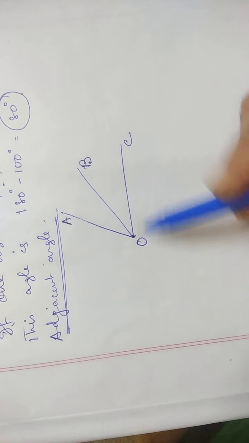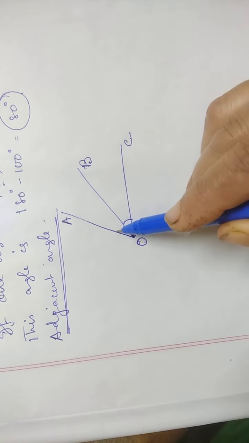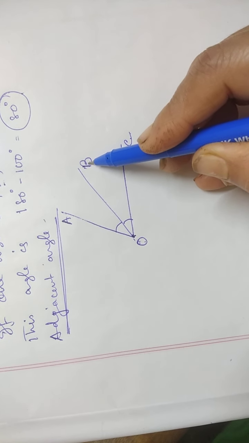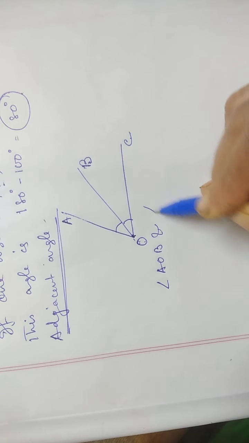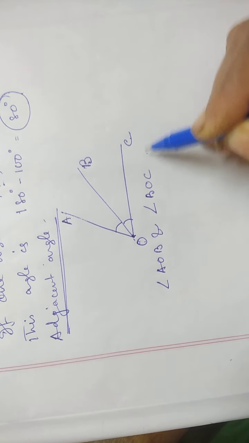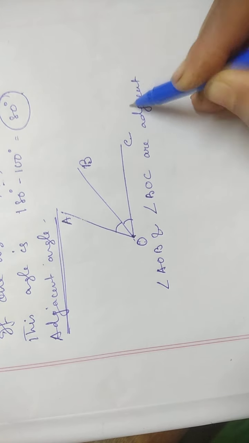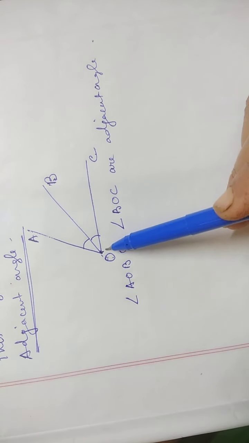Clear? Then one angle is BOC. Another angle is AOB. That means angle AOB and angle BOC are adjacent angles. Okay, so these angles are adjacent angles. Clear? That means what is adjacent angle?